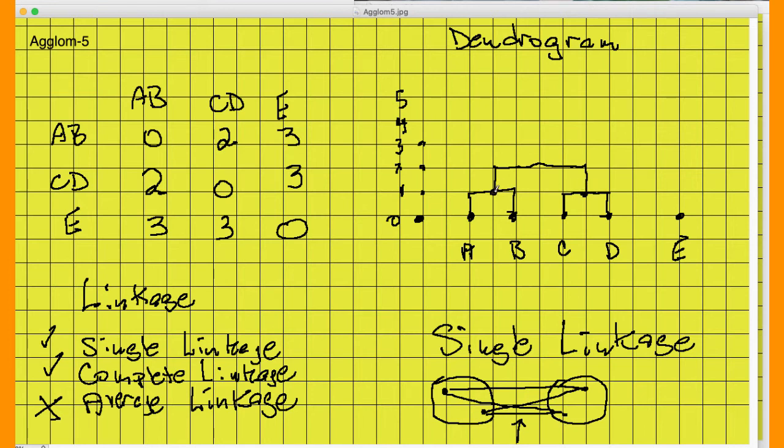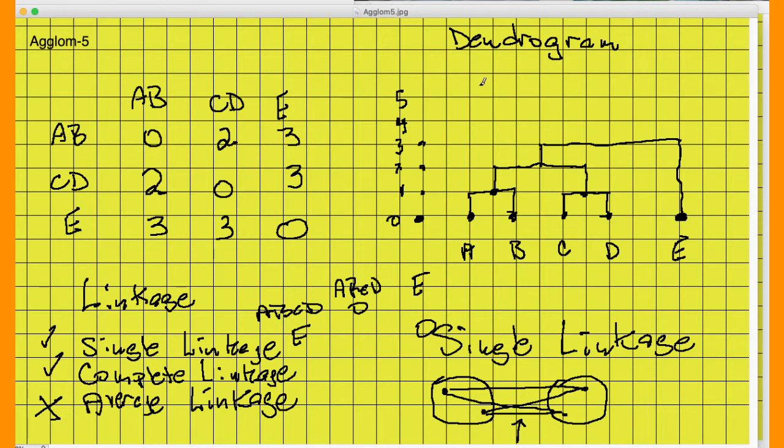And now if I wanted to, I would make one more table, and the table would have A, B, C, D, and E, and it would have A, B, C, D, and E, and we know that there would be zeros there. And the question is how far is it from A, B, C, D to E? I think we can see that the answer is 3. So we would do that.